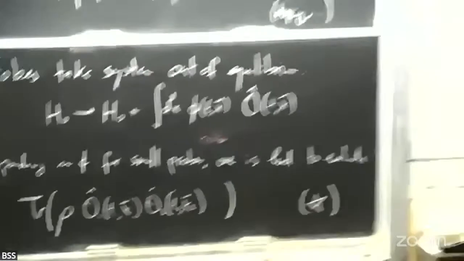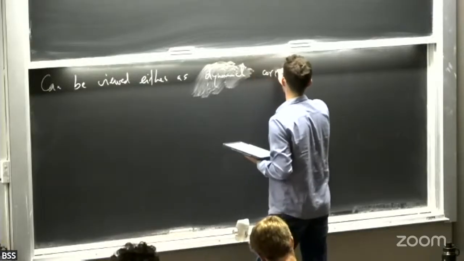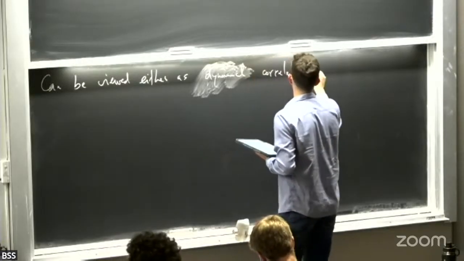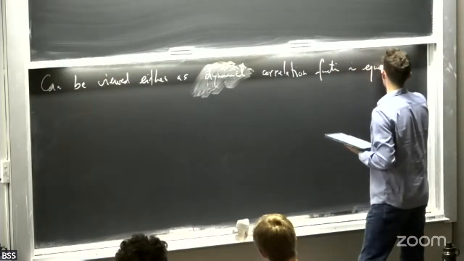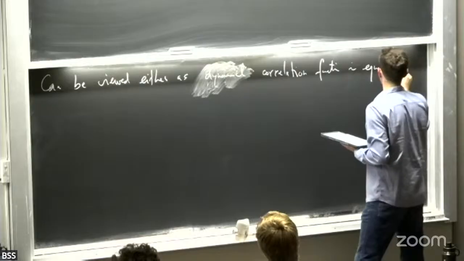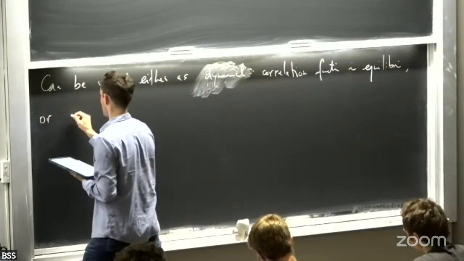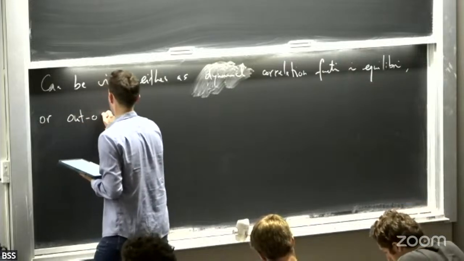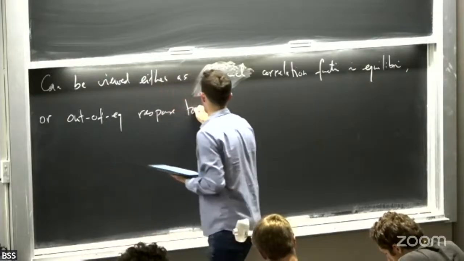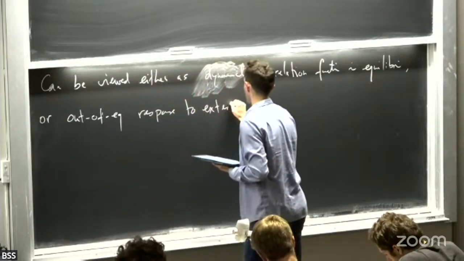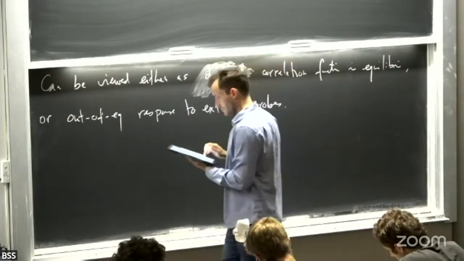Let's say a dynamical correlation function in equilibrium, or as a slightly out of equilibrium response to external probe. And one example that you all know of this is the conductivity.